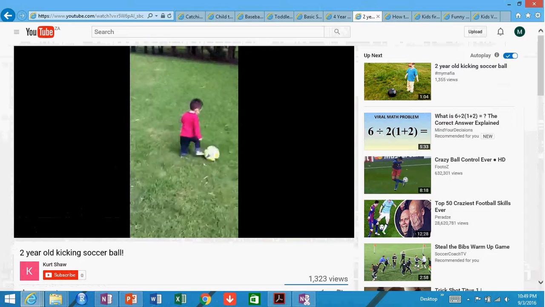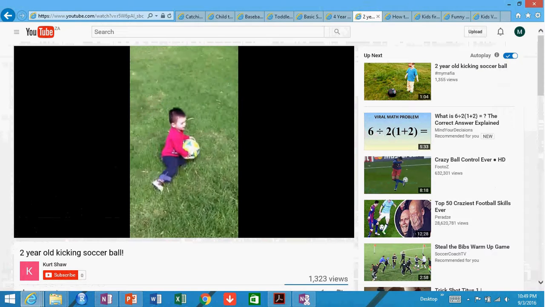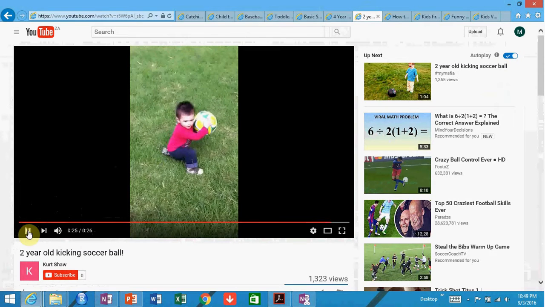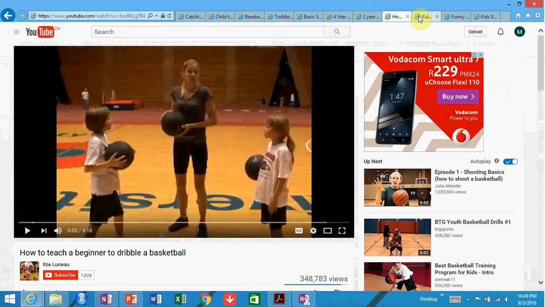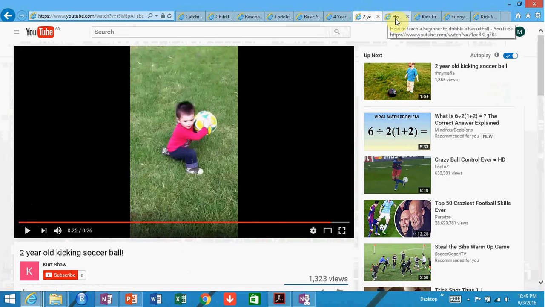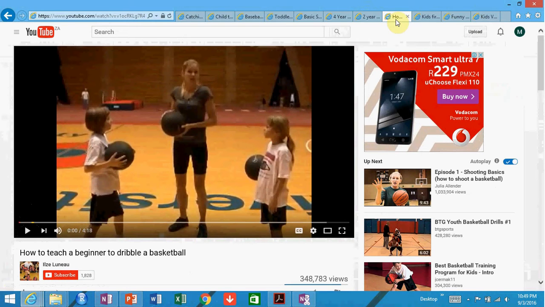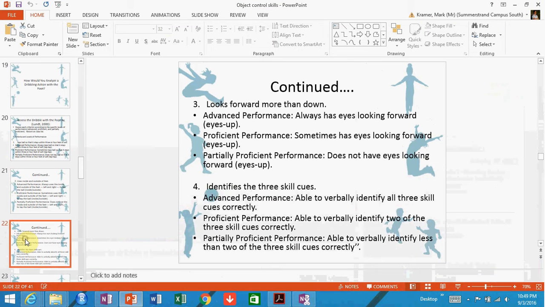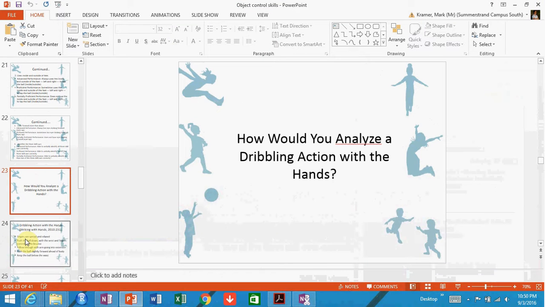Well, he's 3 feet ahead of him, but definitely some improvement there, more just looking ahead than actually focusing on the ball. Okay, so I think that's the only one I have for the dribbling action for now, but I'll add some more videos in class so that we can have a look at beginner, intermediate, advanced dribbling.